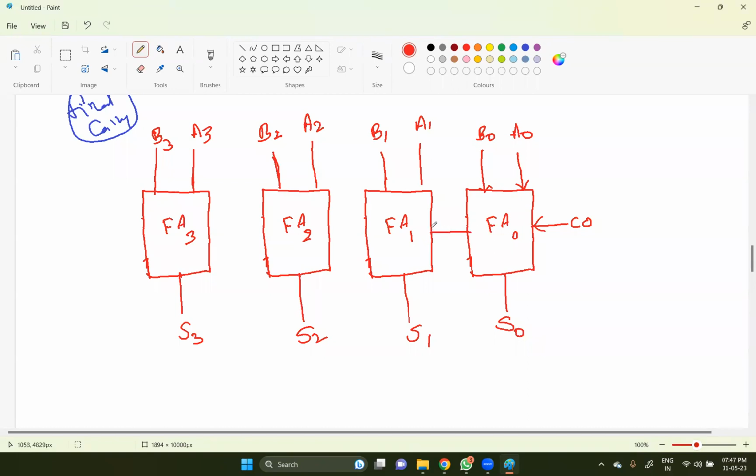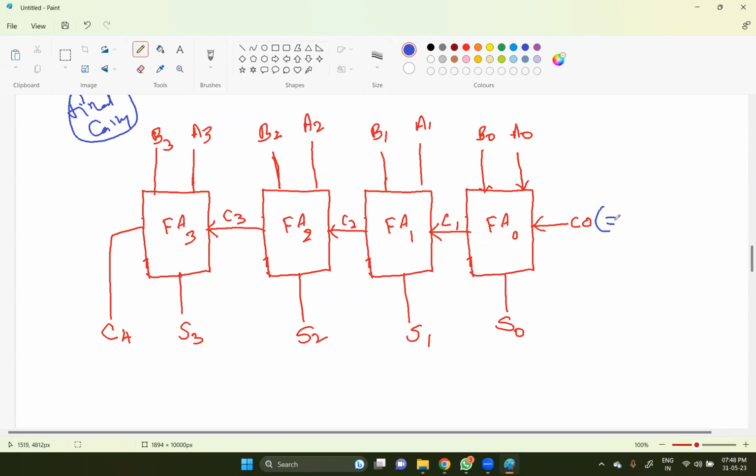Whatever carry you got will be the input of the second full adder, and this outcome carry will be the input of the next one, that is C2, and the outcome of FA2 will be C3 here, and the final outcome will be your actual carry here. This is C4.